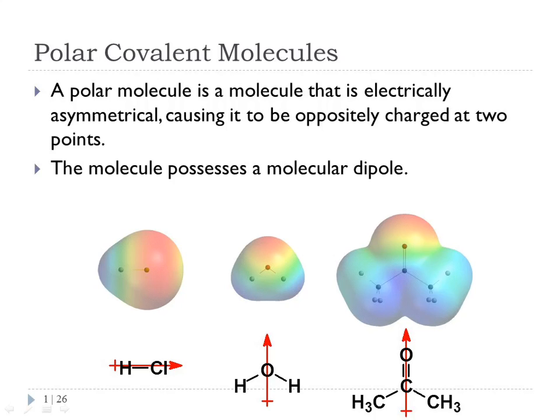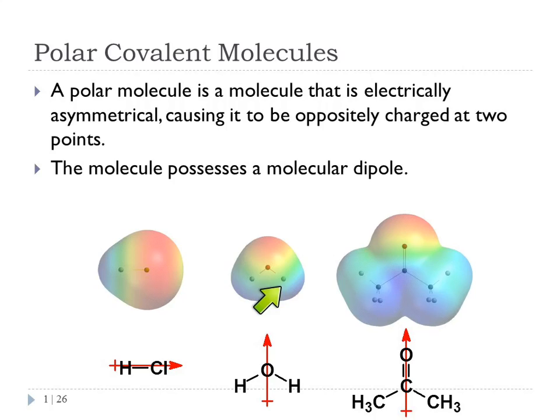When we talk about polar molecules, it gets a little more complicated. When we just have 2 atoms, it's easy. If the bond is polar, the molecule is polar. But when we have more, then we have to consider the arrangement of the shapes.